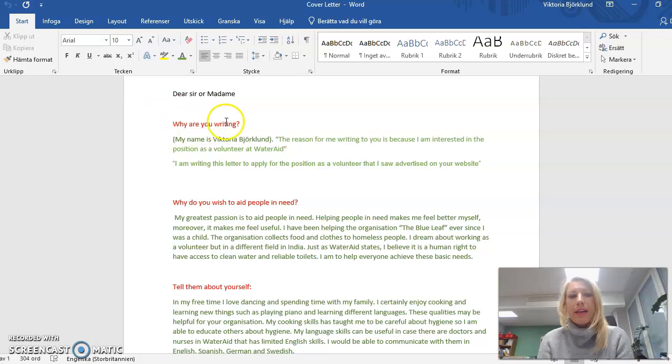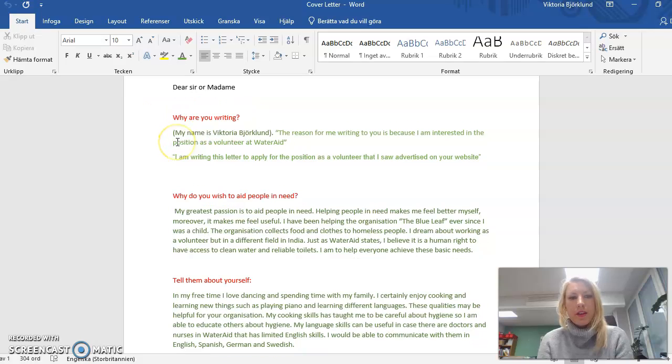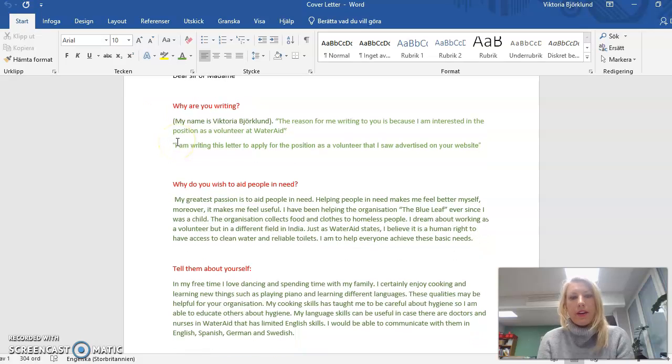So why am I writing? You can see here there are two different ways of how you could start. You can start by, my name is Victoria Björklund. Not necessary, but you can do that. Or you can just start off by saying, the reason for me writing to you is because I'm interested in the position as a volunteer at WaterAid.